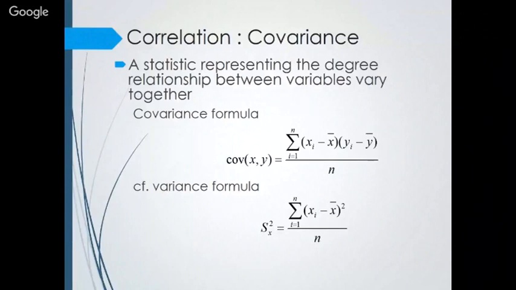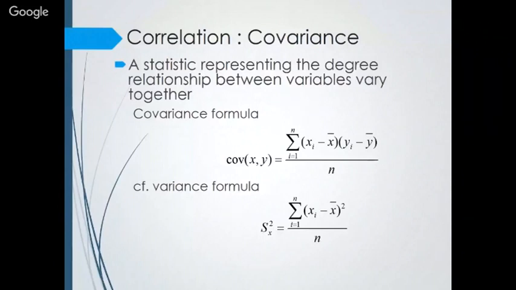This is the formula. That means we have to subtract the average of x from each observation of x, and in the same way subtract y bar from each observation of y, multiply them, sum them, and then divide by the total number of observations.